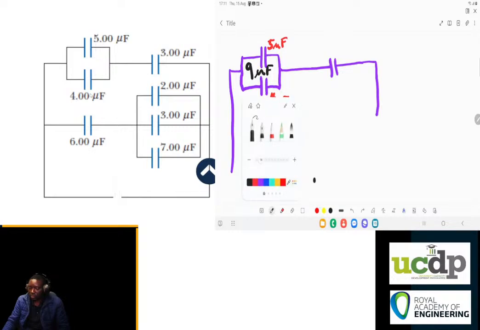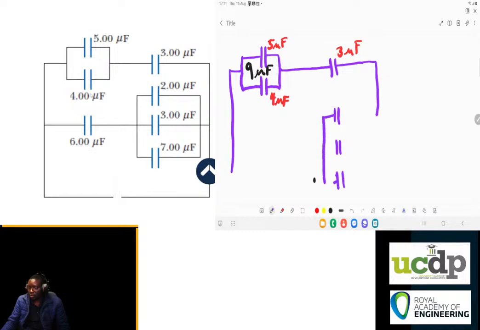The ones that are connected in parallel, 2, 3, and 7 microfarads. Yes, the 2, 3, and 7. So we have a 2, 3, and 7 here. So I'll put 2, 3, 7 and connect them like that. And what equivalence do they give?